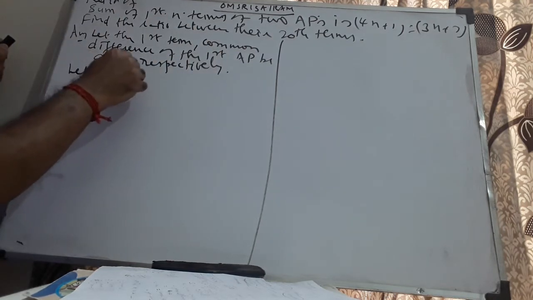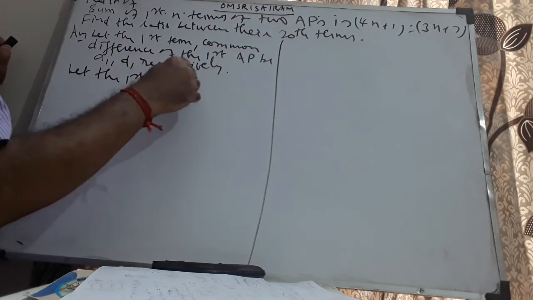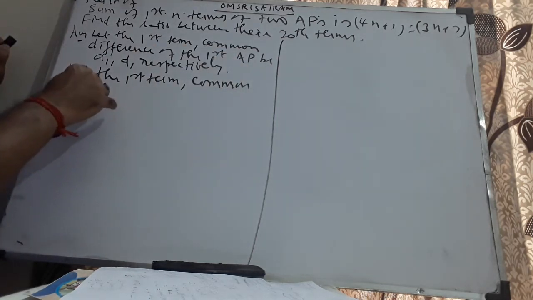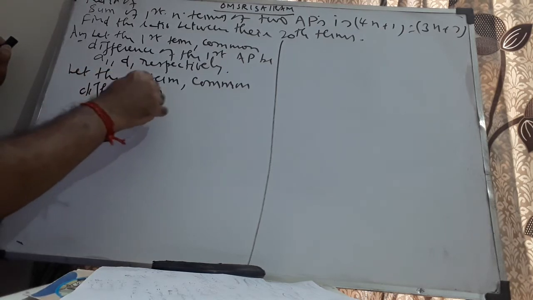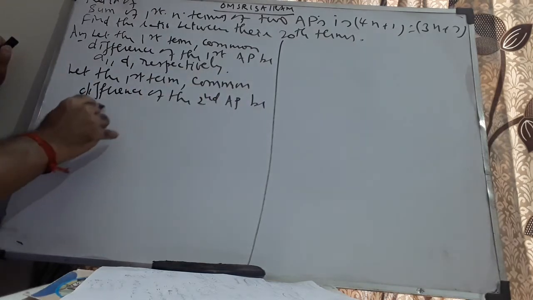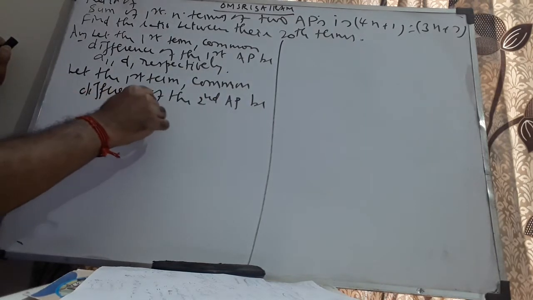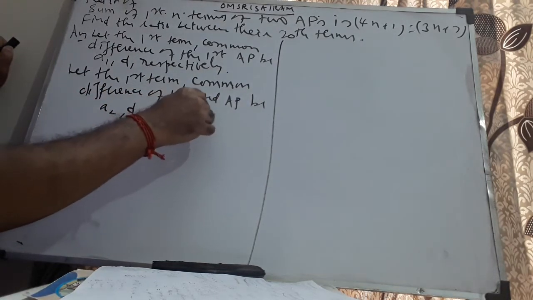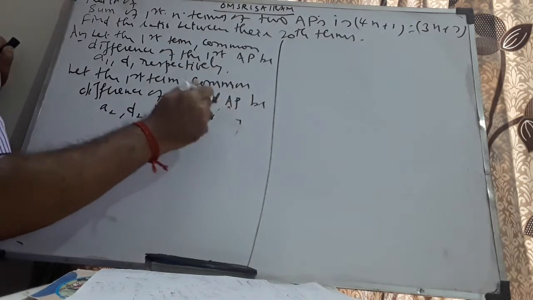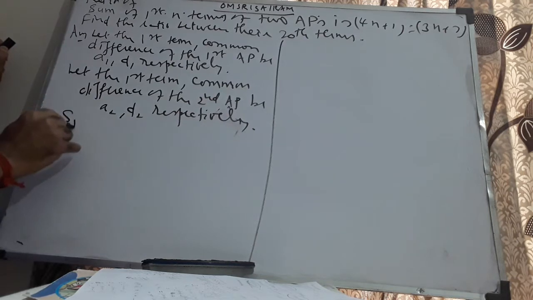Let the first term and common difference of the second AP be A2, D2 respectively. Just listen carefully.